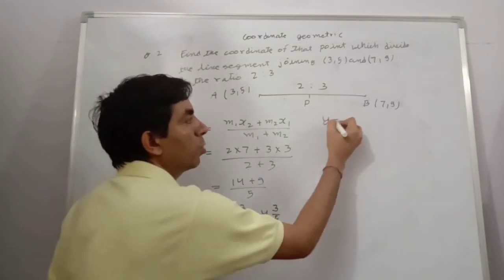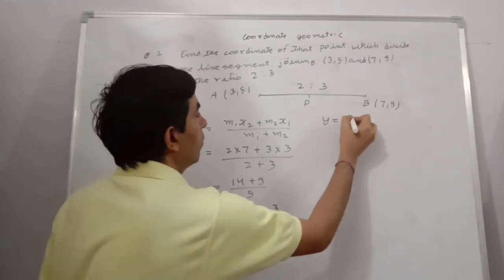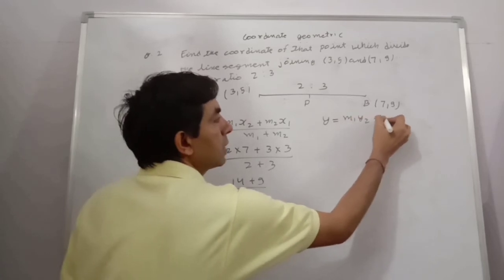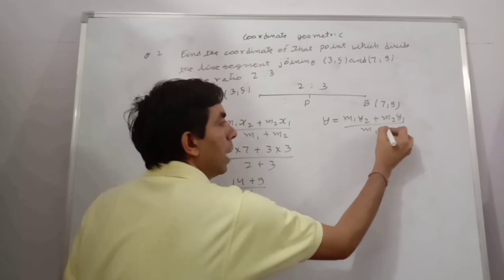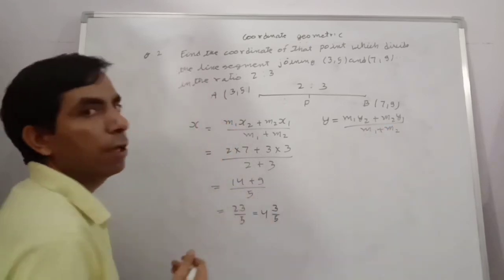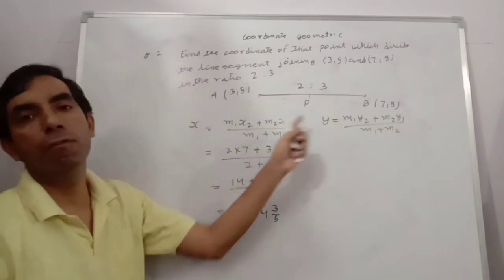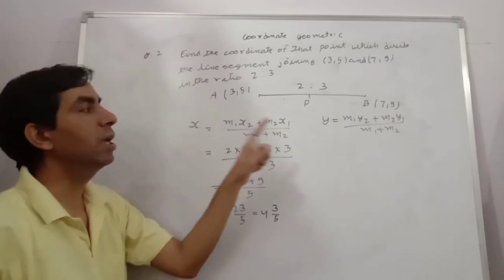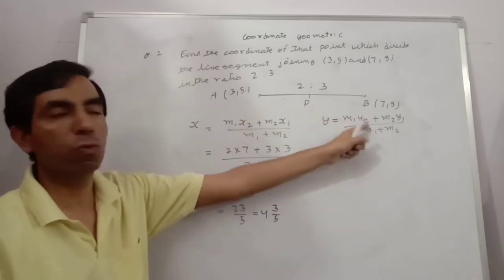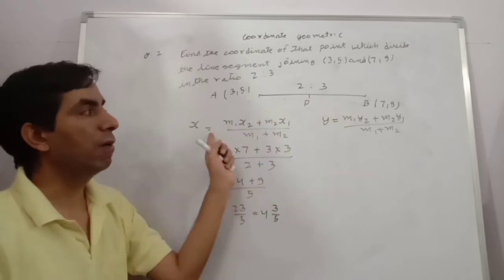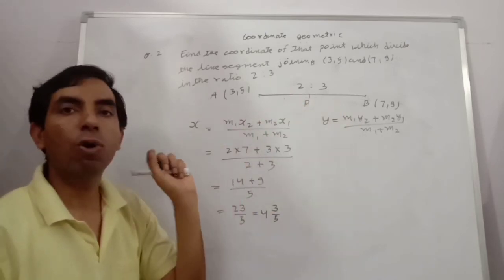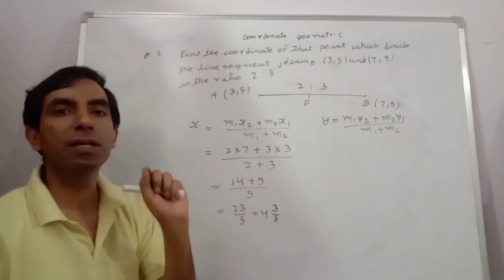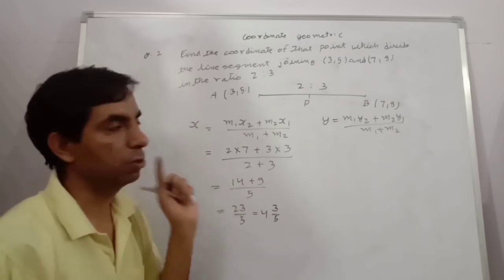Next, the y coordinate is (m1 y2 plus m2 y1) upon (m1 plus m2). Here, if you observe, both formulas are the same, only x is replaced by y: x2 becomes y2, x1 becomes y1, m1 and m2 stay the same.